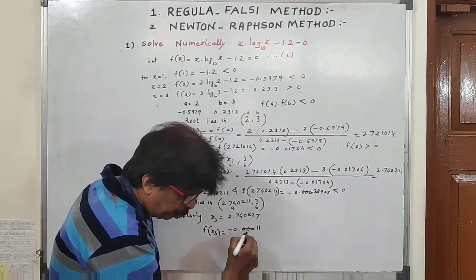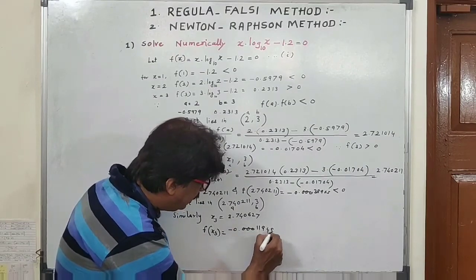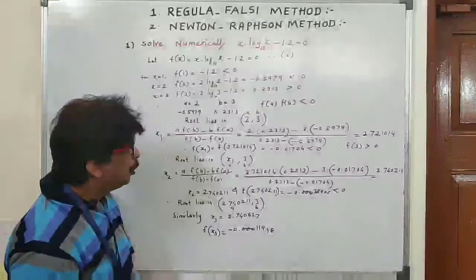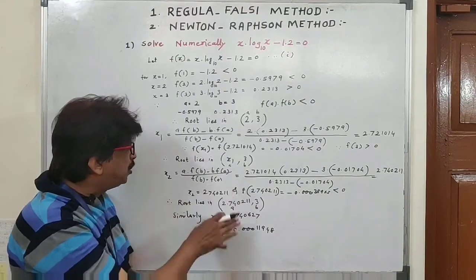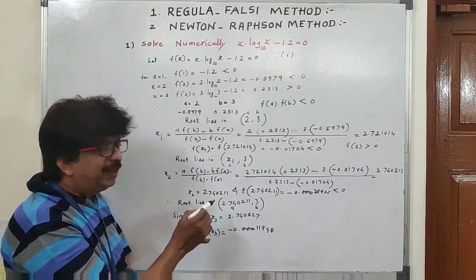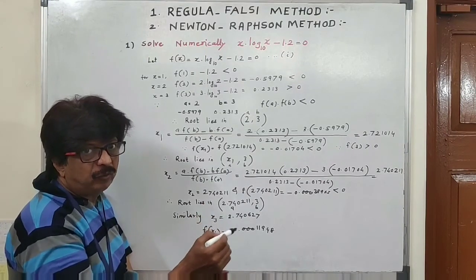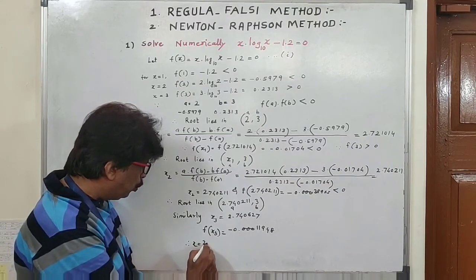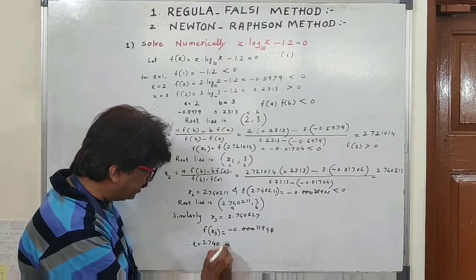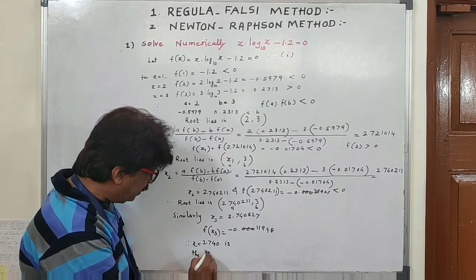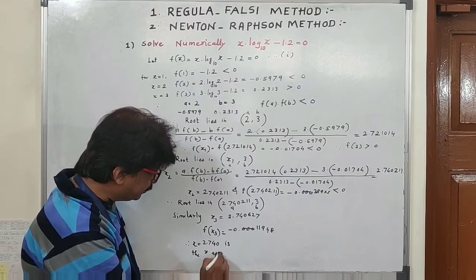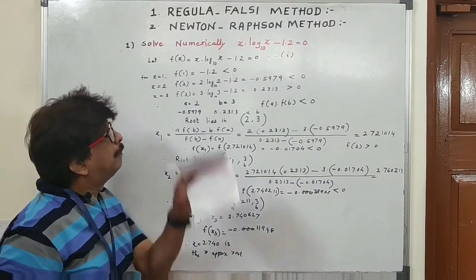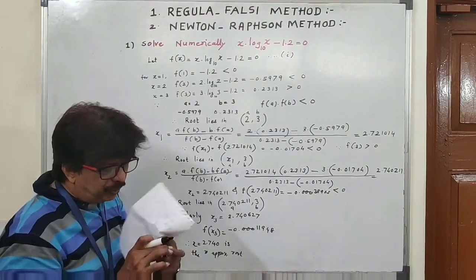It is nearest to 0. So from the last two iterations, x2 and x3 values, the digits 2.740 are repeating twice. Therefore, x equal to 2.740 is the approximate root of the given logarithmic or transcendental equation.